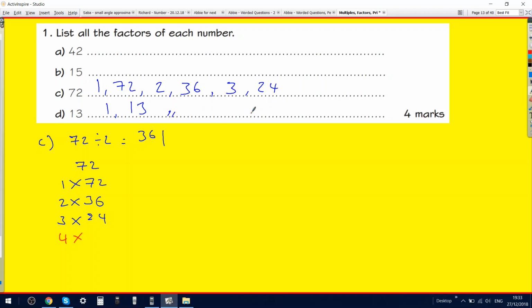I think 18. Yeah, 18. 5 isn't one of them because 72 does not end in 0 or 5. So we skip 5 and move on to 6.